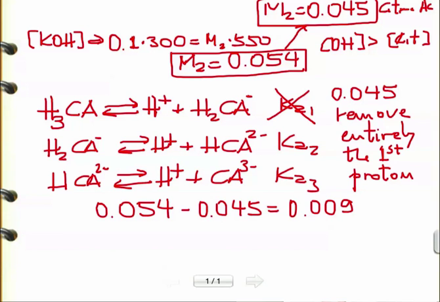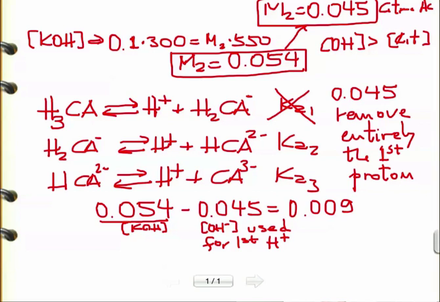What's left over then is 0.009 of KOH. The 0.045 OH is the OH used for the first proton. And now what's left is 0.009. So what is this 0.009 going to do? It's going to neutralize 0.009 of H2Ca minus.